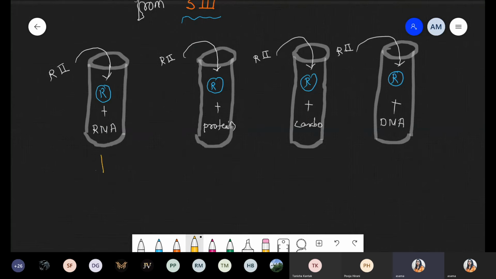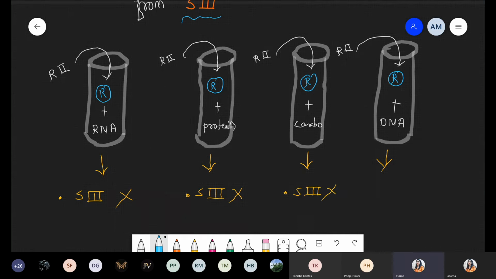What will be the result? So he obtained the result like this. After this result, he observed that there is no S strain. So S3 strain is totally absent. Same here, S3 strain is absent. And here also the same result, S3 strain is absent, which is pathogenic.